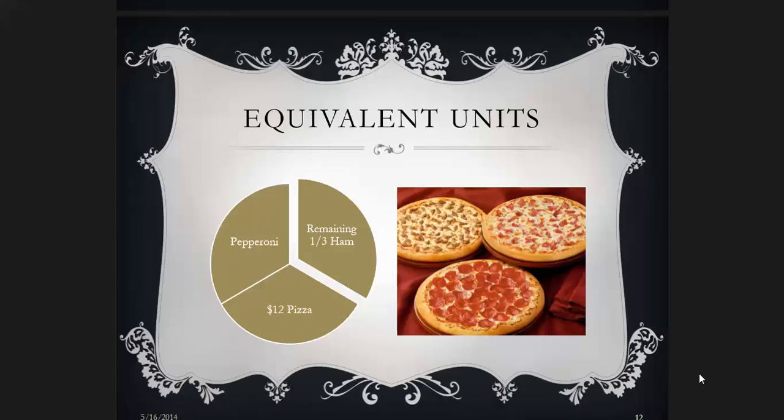You have 6 slices in total, so in fact, you have the equivalent of 1 full pizza, although it's made up of 3 different types of pizzas, meaning that your equivalent cost per slice or per unit is still $2, which means that there was the equivalent of 2 full pizzas eaten at the end of the night for a total cost of $24.